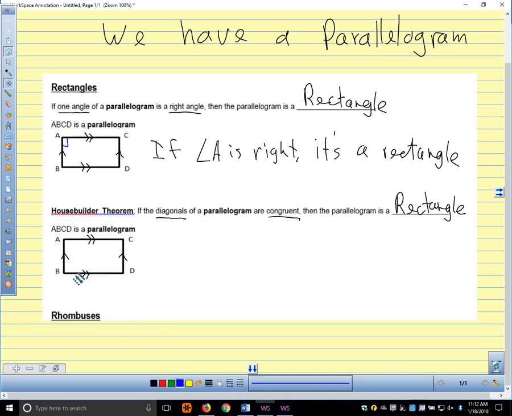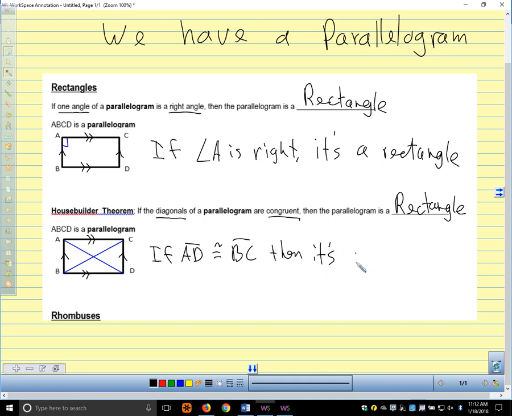The diagonals are congruent. So there are the diagonals. We're saying if segment AD is congruent to segment BC, then it's a rectangle.